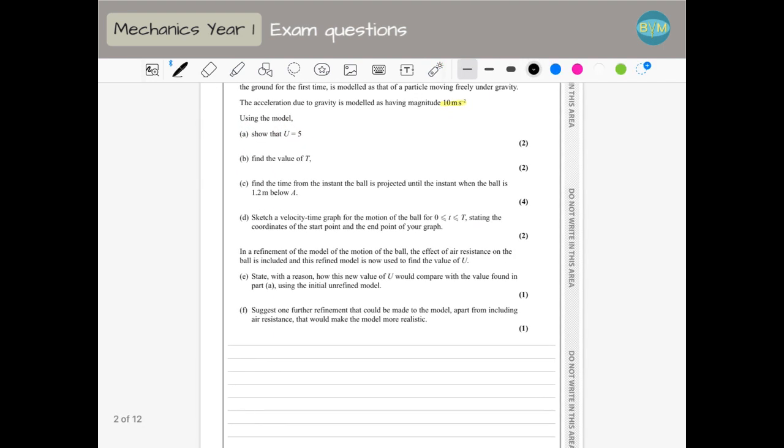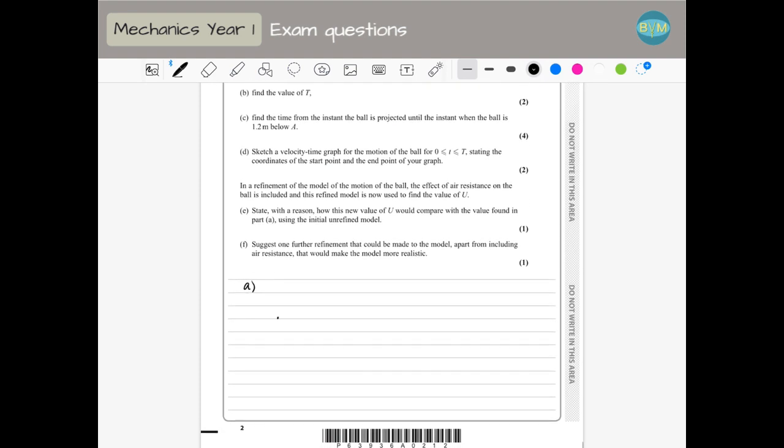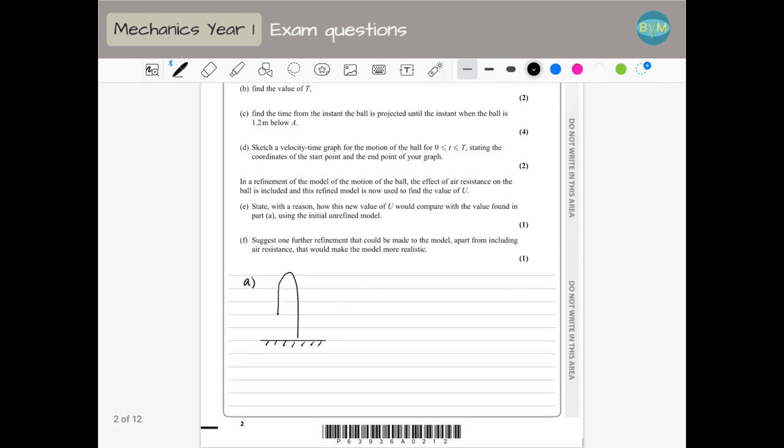So what we have really is a particle that is starting from a point above the ground, it's going up and then it's going down. And if this is the ground, the initial height is 16.8 meters, so this is what we are going to write here, 16.8 meters.